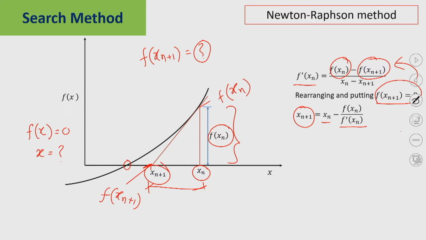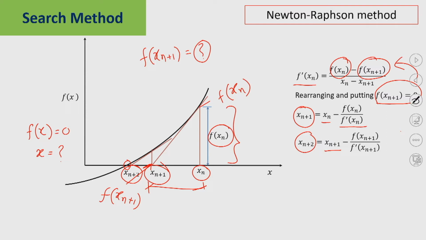Then I calculate the next value, x n plus 2. I draw a tangent, and x n plus 2 equals x n plus 1 minus f of x n plus 1 divided by the derivative at x n plus 1.